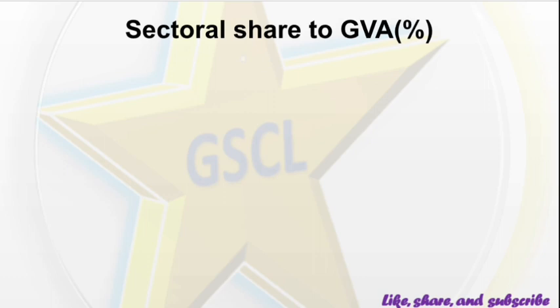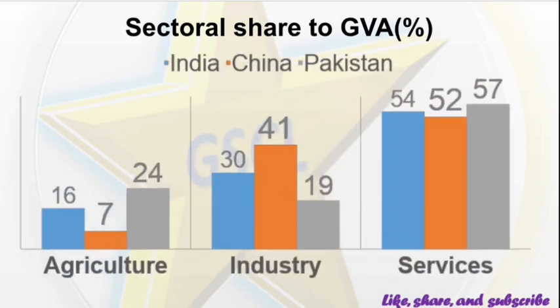This slide indicates which sector contributes how much towards the gross value added of the economy, expressed in terms of percentage. This data is from Human Development Report 2019, Key Indicators of Asia and Pacific 2019.